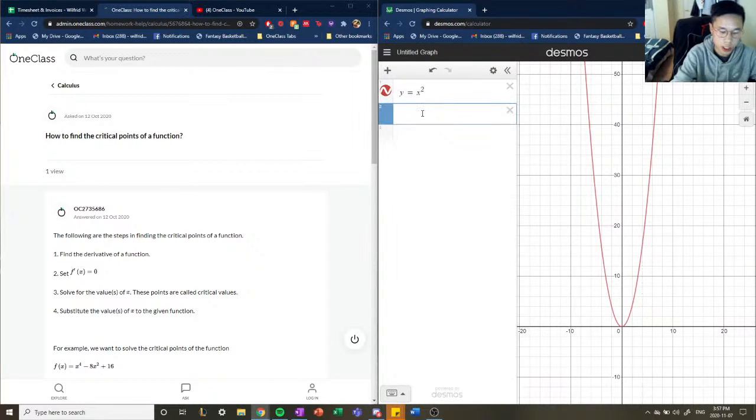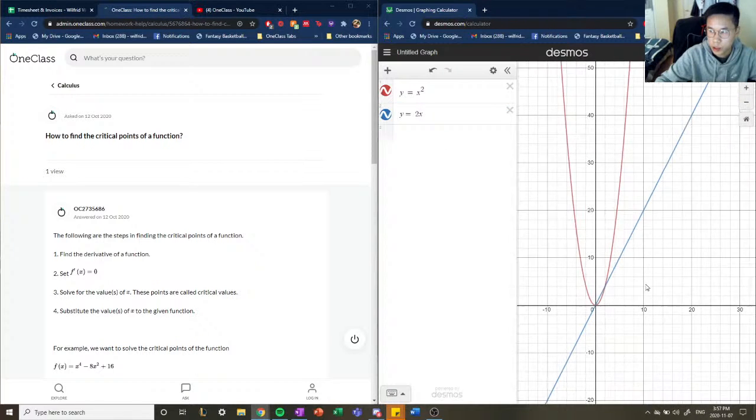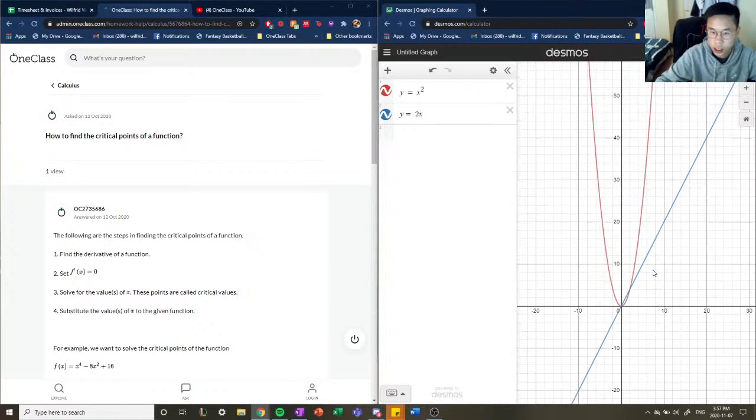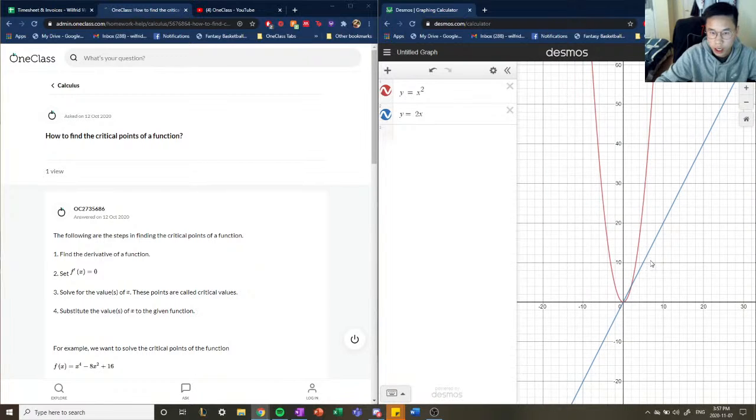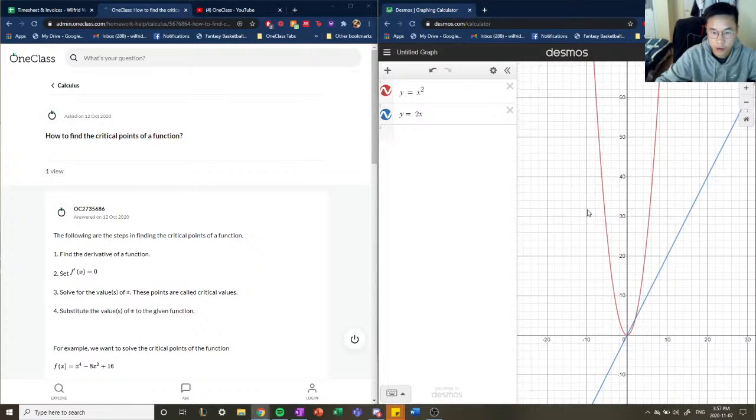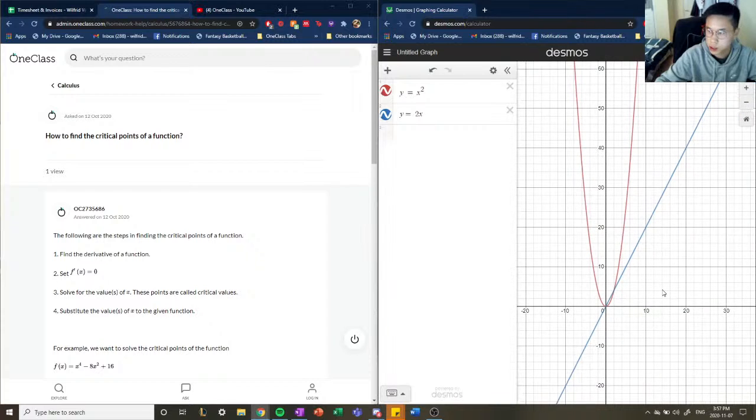We all know that its derivative is y equals 2x. We'll be covering how to derive things later on in the lesson. But as of now, we know that the derivative of x squared is 2x.